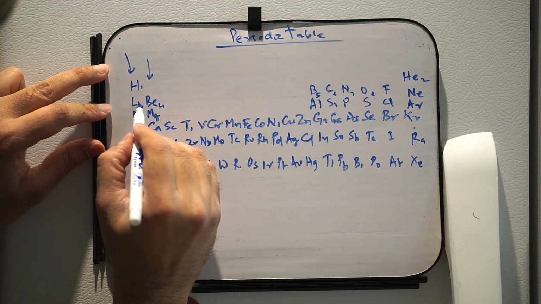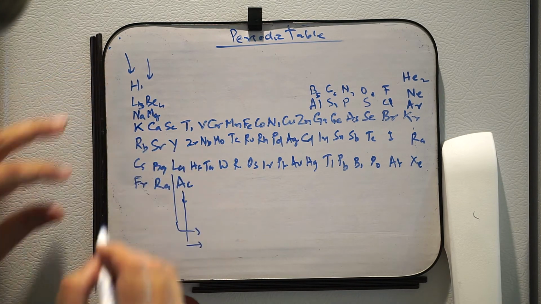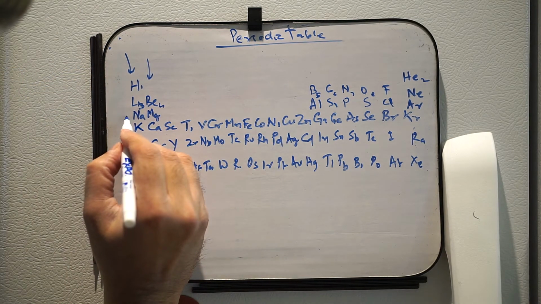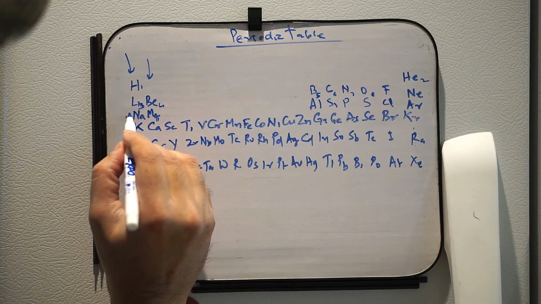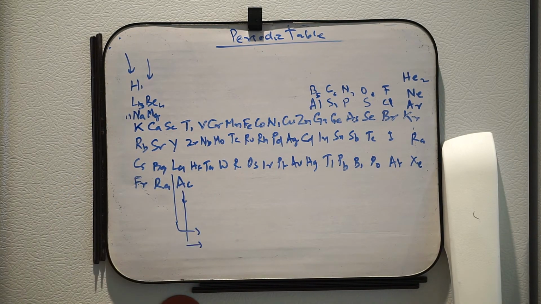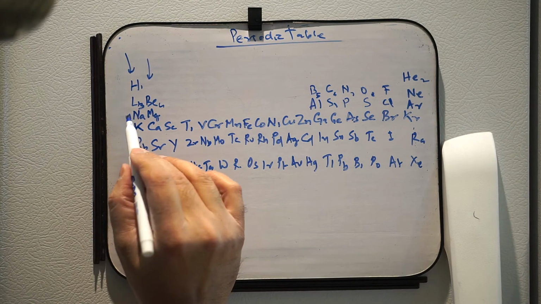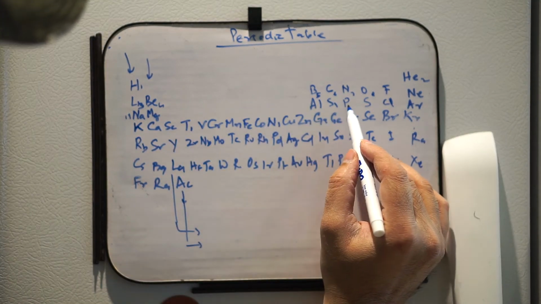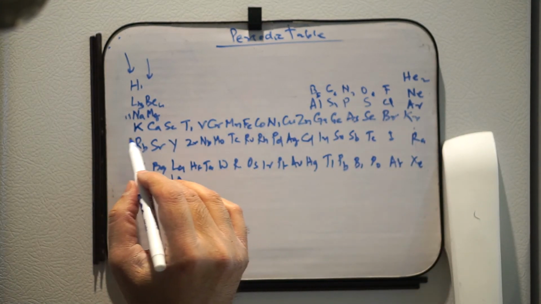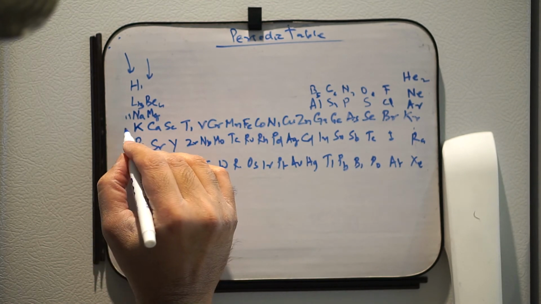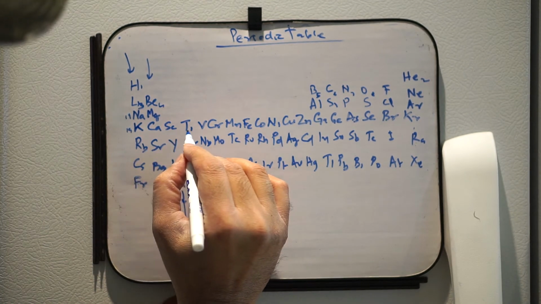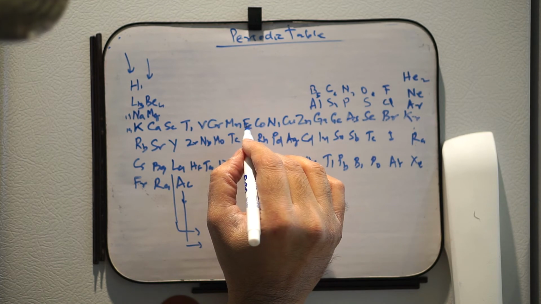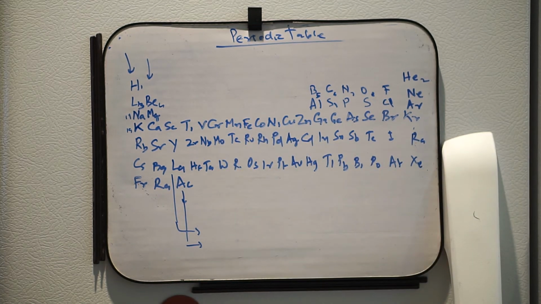It's going to be 8. So 3 plus 8, 11. Then it's going to be 11, 12, 13, 14, 15, 16, 17, 18, 19, 20, 21, 22, 23, 24, 25, 26, 27, 28, and so forth, going all the way that way.